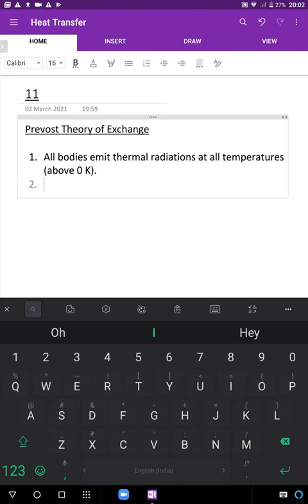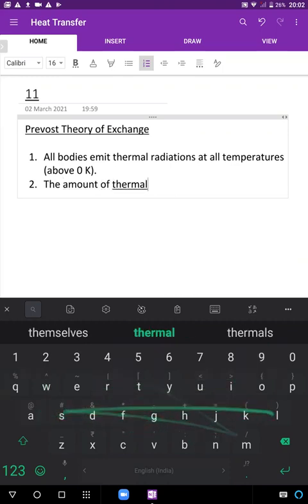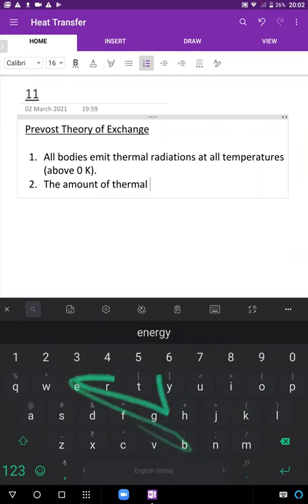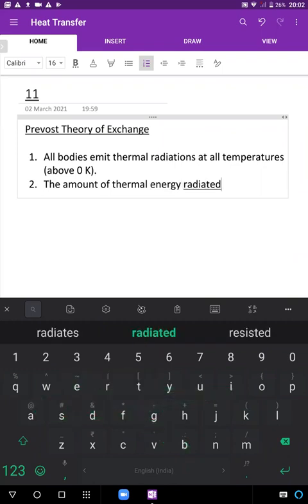Prevost is just the name of the person who came up with this theory. The next one is the amount of thermal energy radiated per unit time.